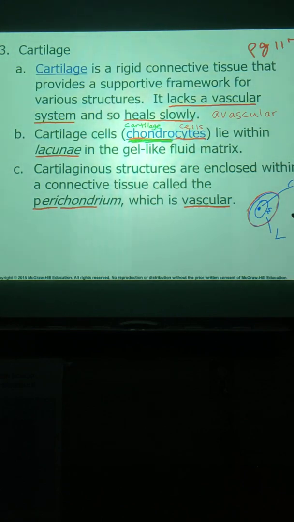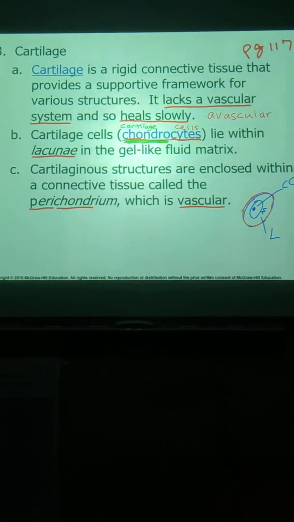If you take a look at this right here, this is what I have here. I'm going to move this just a little bit so you can see it. If you take a look at the picture that I've got drawn here for you, this would be the cartilage cell here. That would be the nucleus. Then you have the surrounding here. You've got this white space in here.